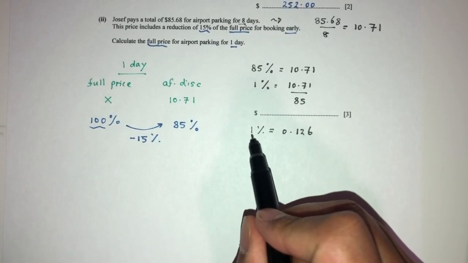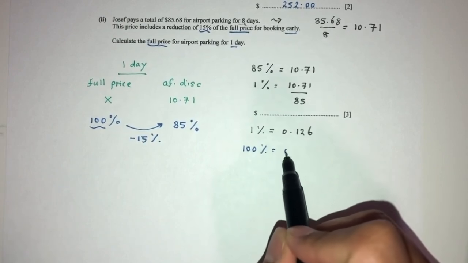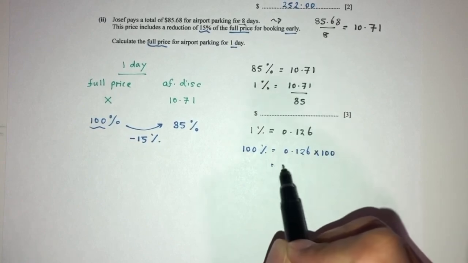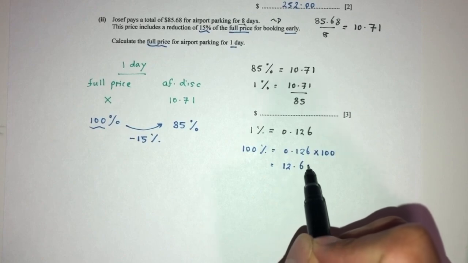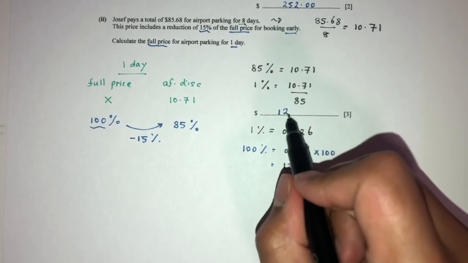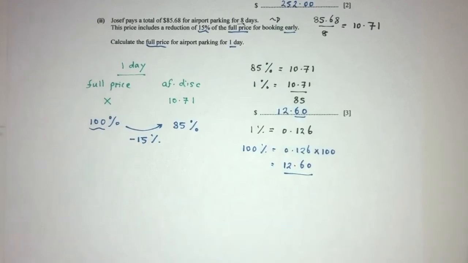So using ratio, if 1% is that much, 100% will be what? 0.126 times 100. That will be 12.60 for the price of this ticket. So full price, $12.60. Correct to 2 decimal places. And that is your question number 1 for this paper.